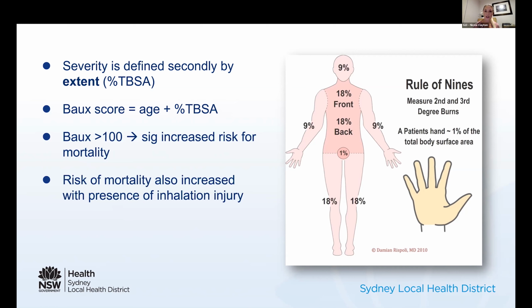Another point that's more interesting to consider, and particularly relevant for the speech pathologists as well as all our ENT colleagues who might be online, is that our risk of mortality also significantly increases with the presence of an inhalational injury. And I'm going to go into that in a little more detail during this presentation.